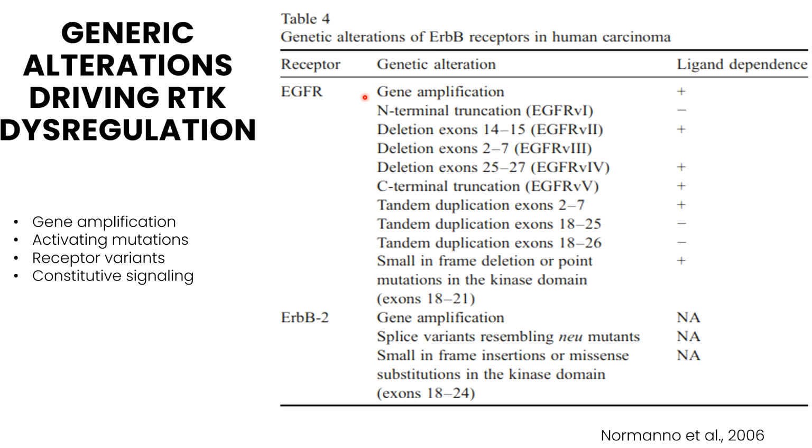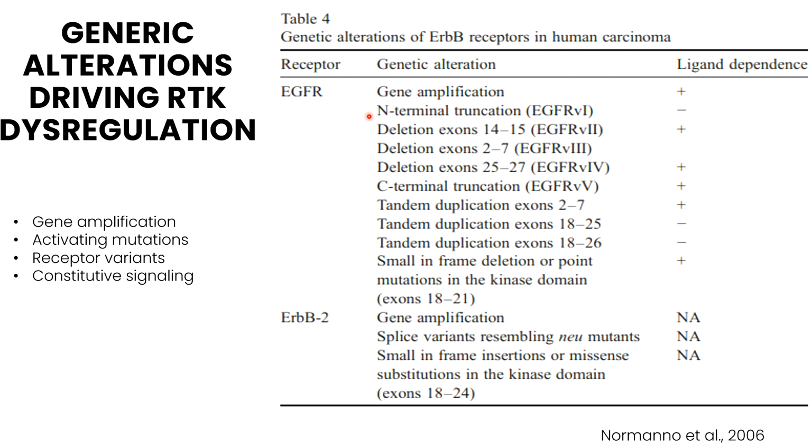The first is this one, gene amplification. Normally, a cell contains 2 copies of the EGFR gene, but in some tumors, extra copies are produced. More copies of the same gene lead to greater receptor production, increasing the cell's sensitivity to growth signals and promoting excessive signaling.